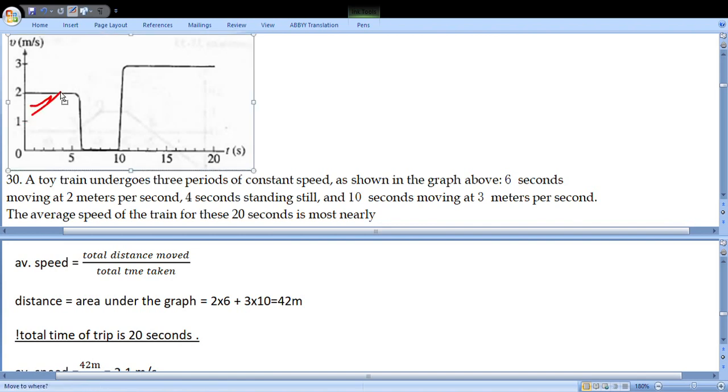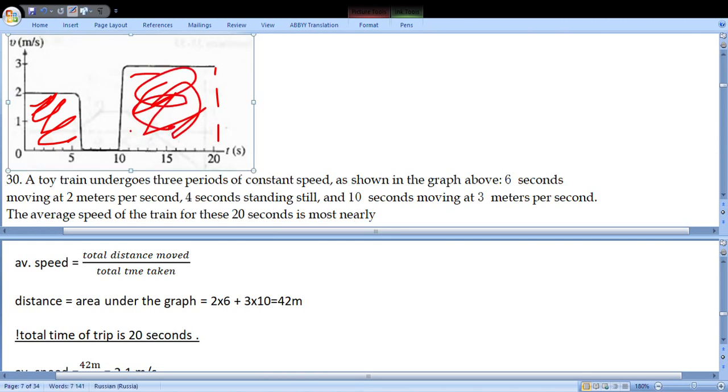So it is this area, and this area. This is rectangle, we should calculate area of rectangles. One rectangle is 2 by 6, another rectangle is 10 by 3, 30 and 12.